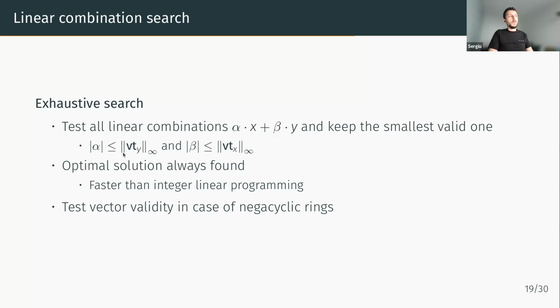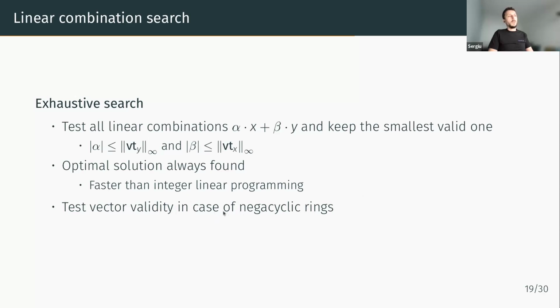We limit the search space of coefficient alpha, beta values to this, and we can prove that this doesn't restrict the search, so the optimal value will always be found. This exhaustive search is faster than integer linear programming in our tests.